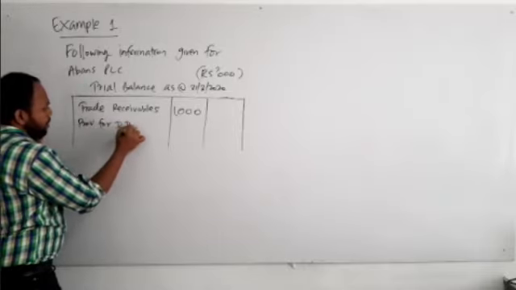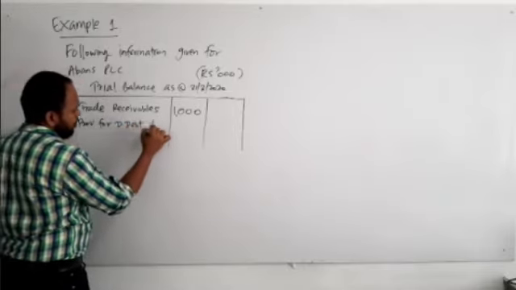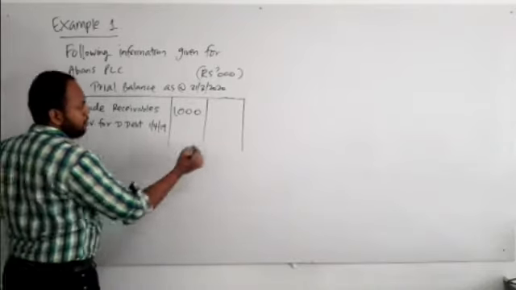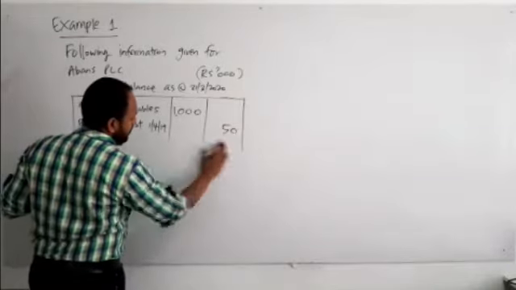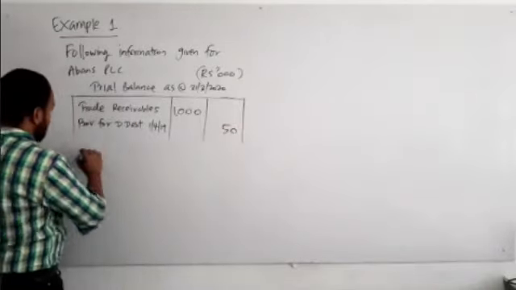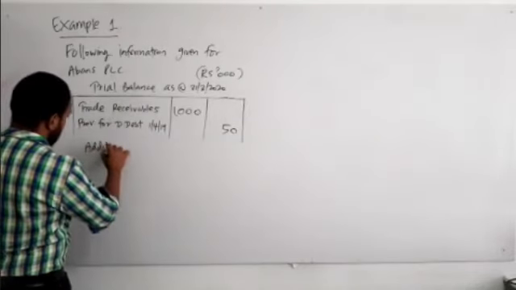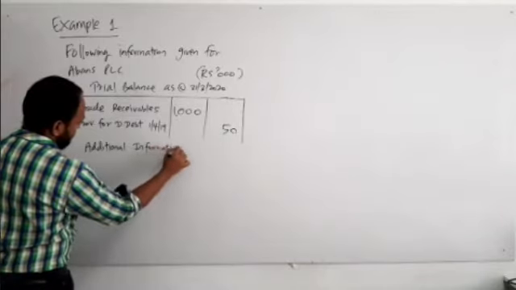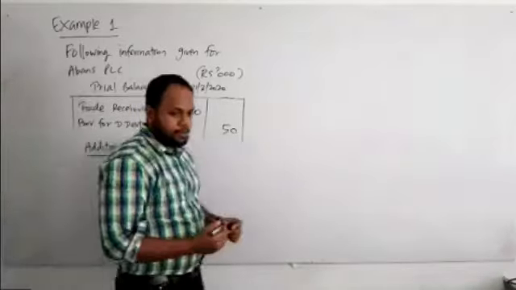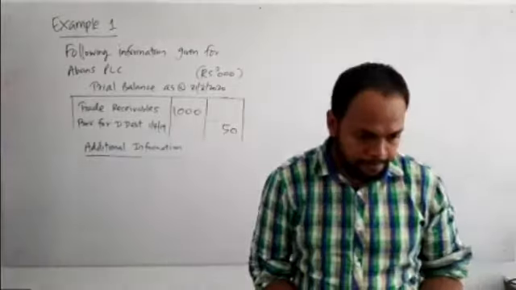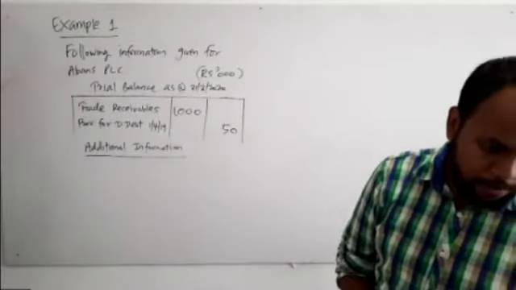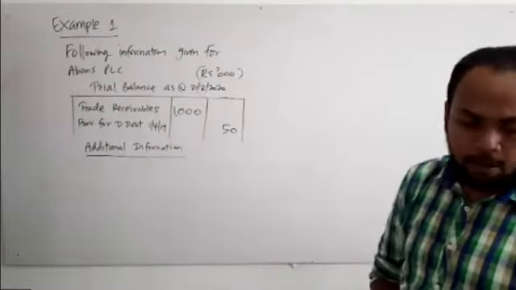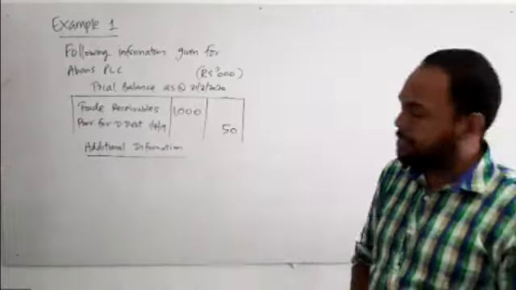Provision for doubtful debt, 1st of April 2019, opening provision is 50,000. Then the additional information.